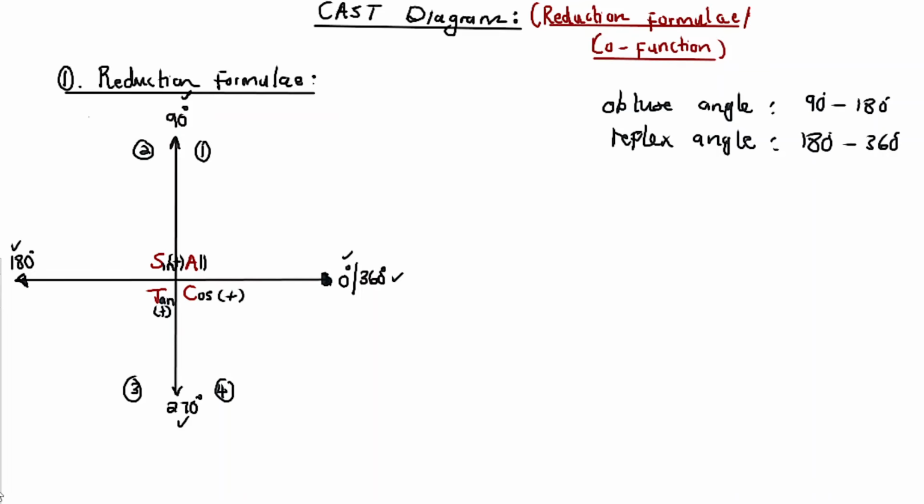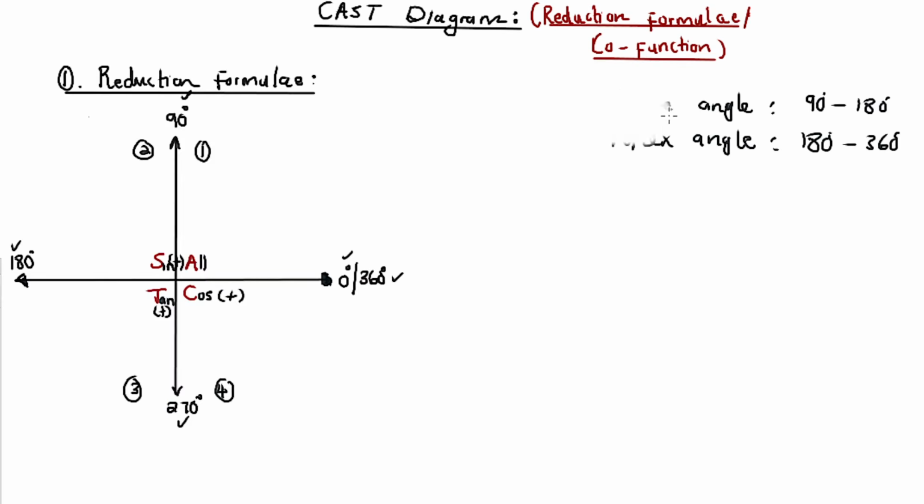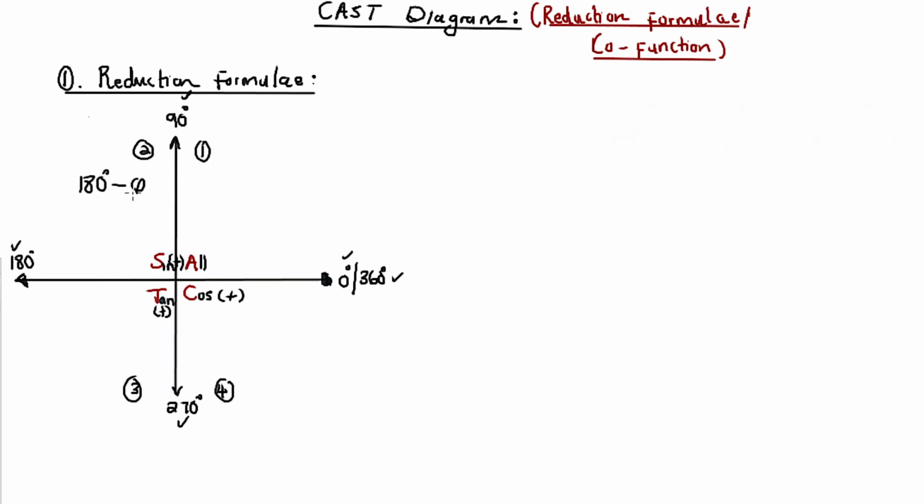So let's talk about these formulas for a moment. These are the formulas. We have one in the second quadrant, which is 180 minus theta. We also have another one in the third quadrant, which is 180 plus theta.